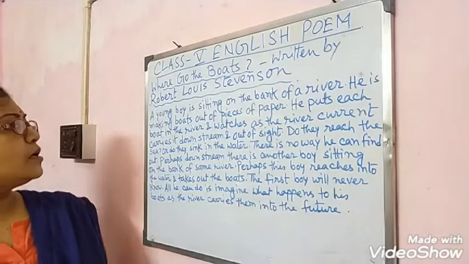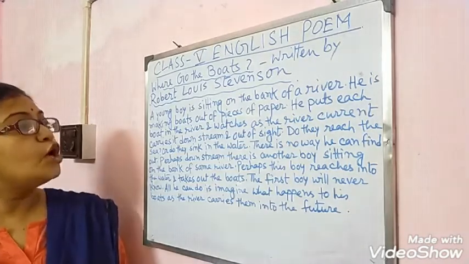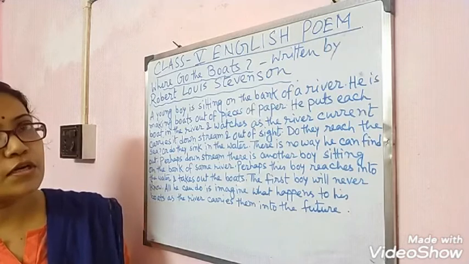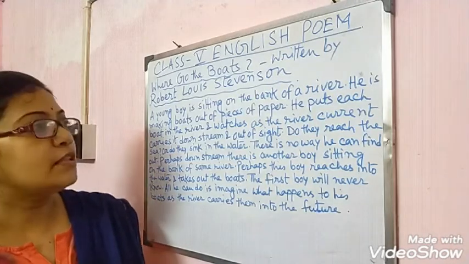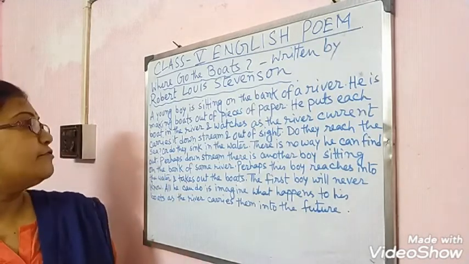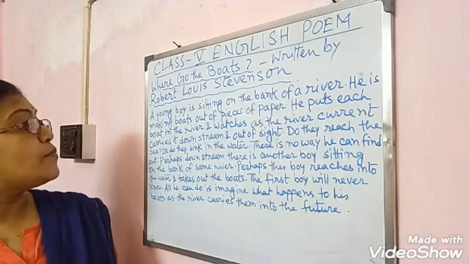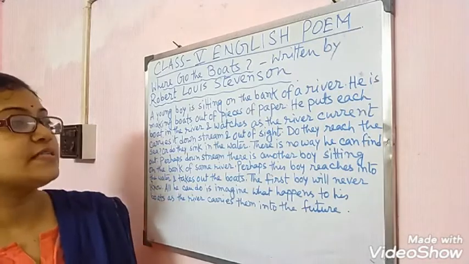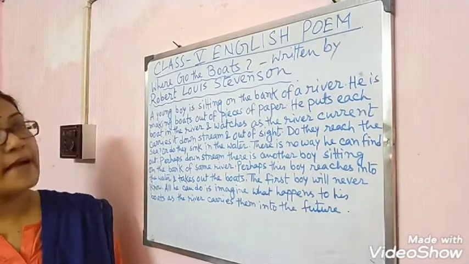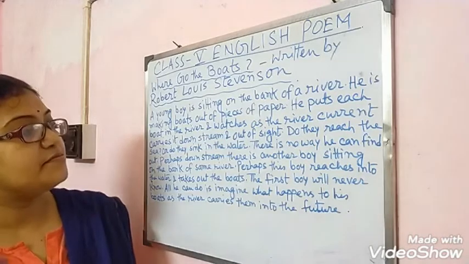Do they reach the sea or do they sink into the water? There is no way he can find out. Perhaps downstream there is another boy sitting on the bank of the same river.